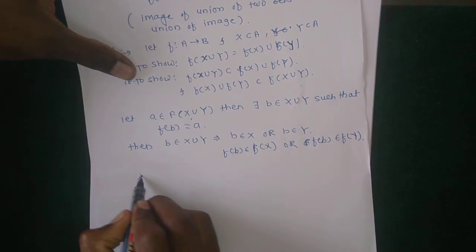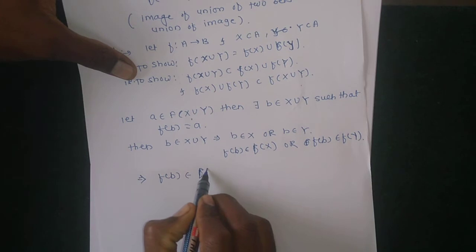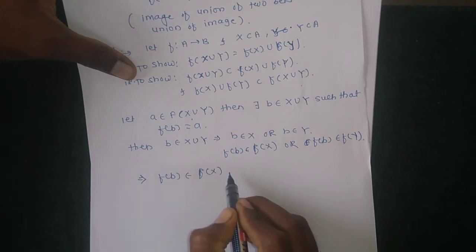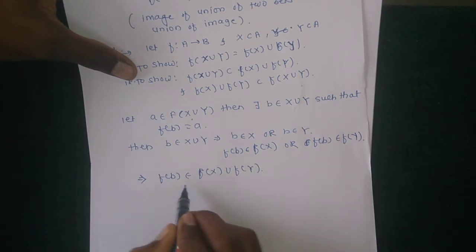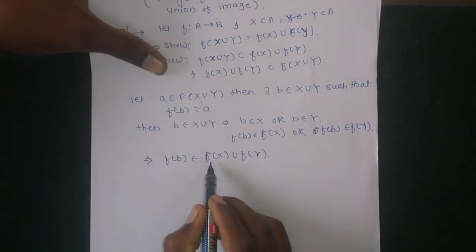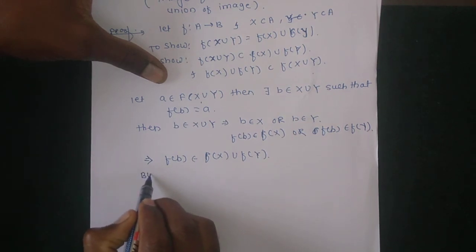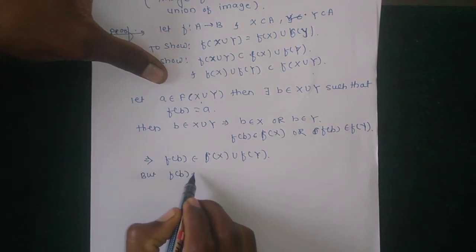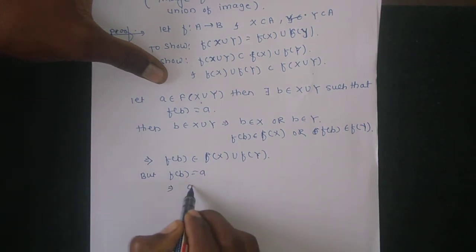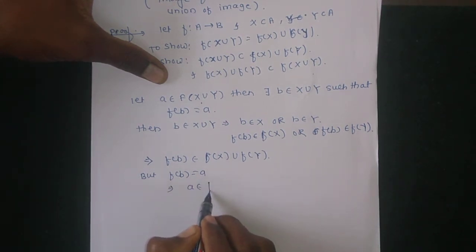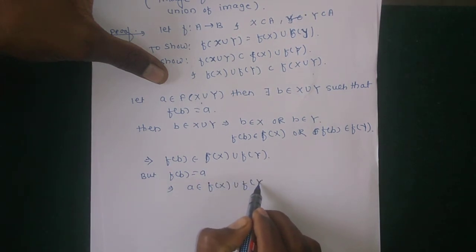Which implies that f of b belongs to f of x union f of y. Therefore f of b belongs to f of x union f of y. But f of b is equal to a, which implies that a belongs to f of x union f of y.